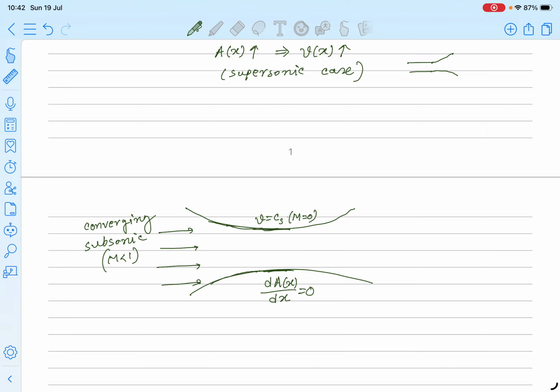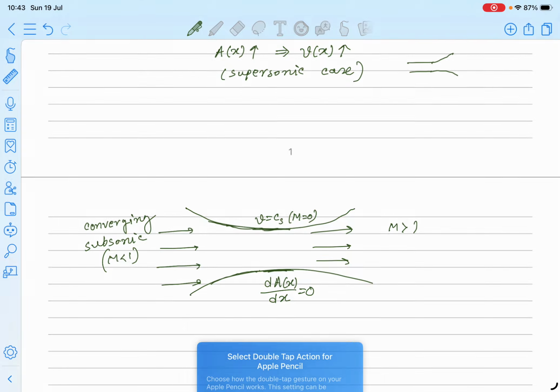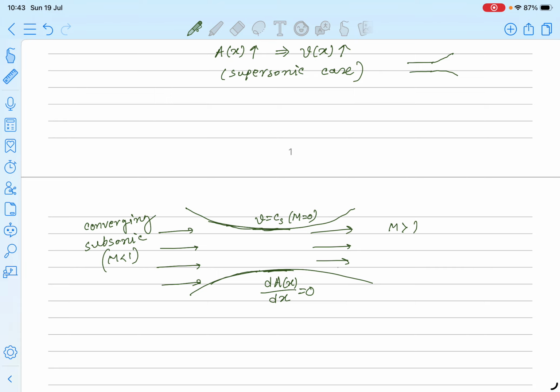Now if we further increase the cross section, what will happen? This side is M greater than 1. So you are increasing the cross section, and as a result your flow velocity will increase. This is the supersonic flow, so this is diverging supersonic.